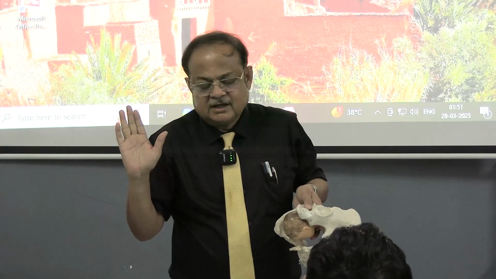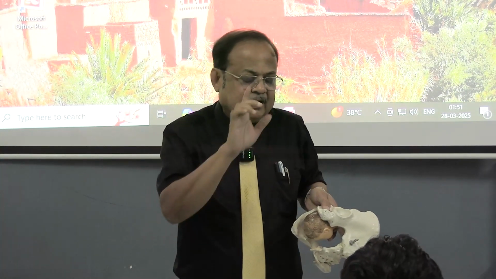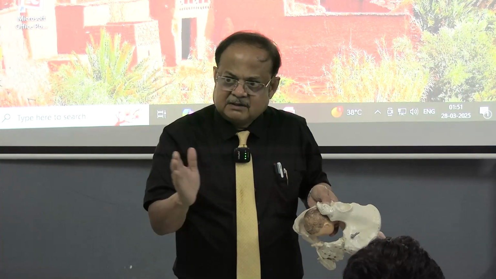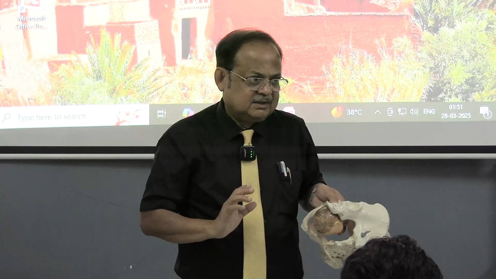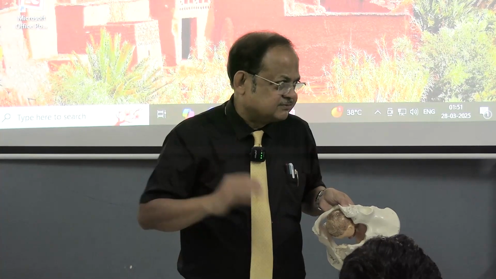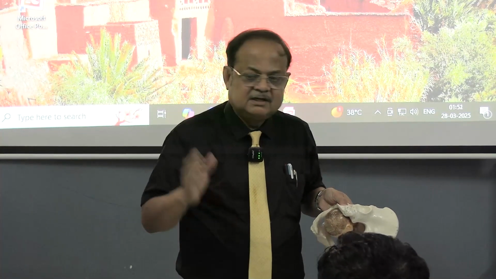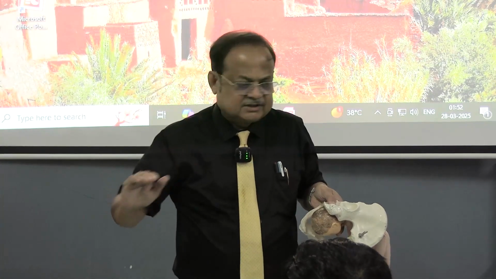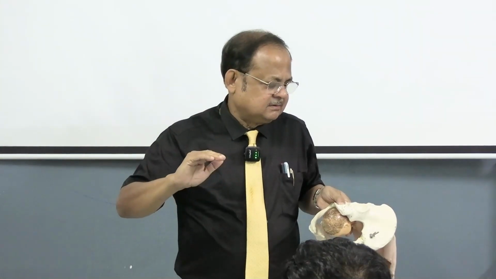That is low forceps. And mid forceps is below the ischial spine, but within plus 2 centimeter. So there are 3 types of forceps classification: outlet, low, and mid forceps.